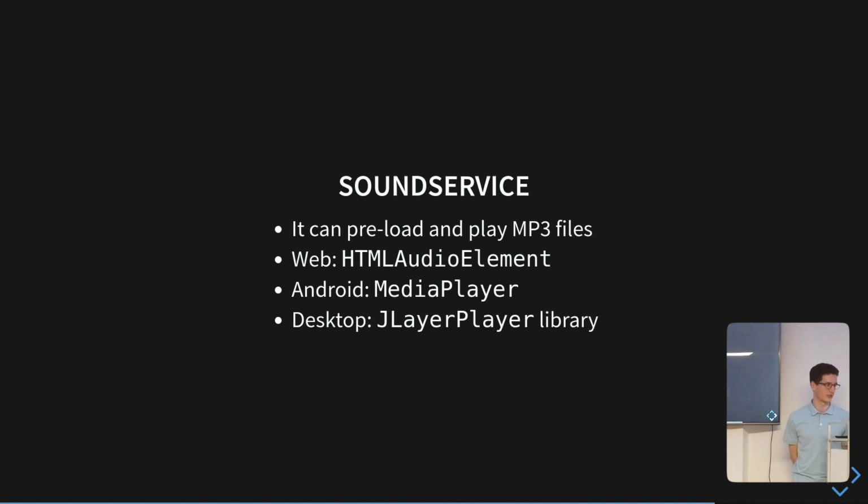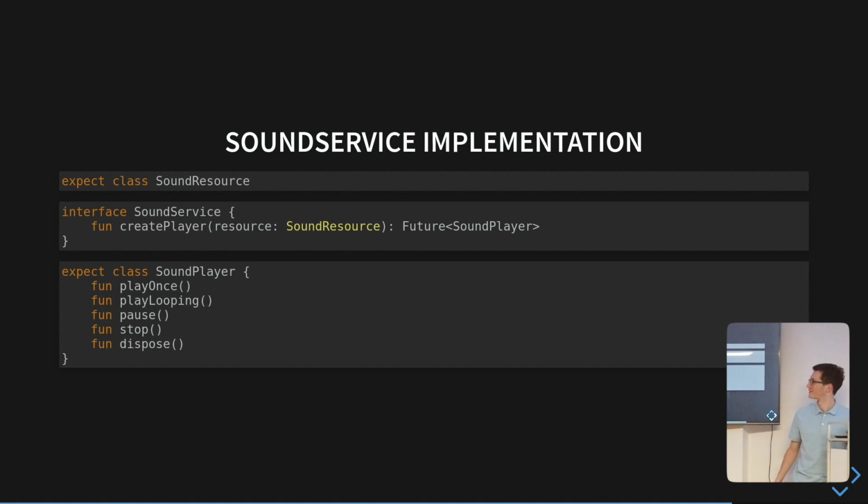Next one is the sound service, which was used to preload and play MP3 files. On web, the HTML audio element was used. On Android, the built-in media player was used, and on desktop, I used a third-party library called JLayer. And the interfaces look like that.